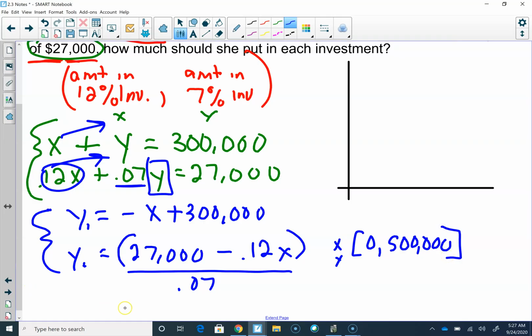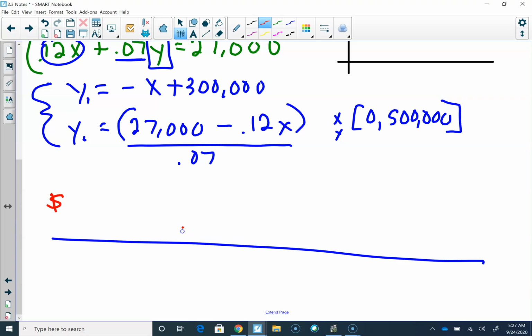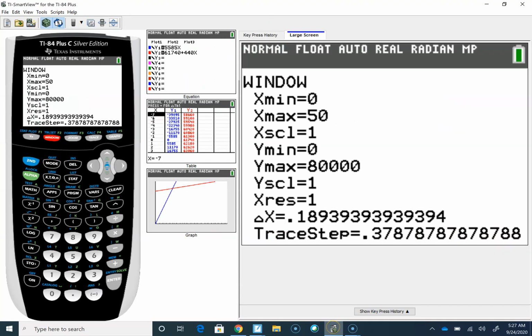And then my goal here is to find how much is going into my X and how much is going into my Y. So how much money am I putting into the 12% investment, and how much money am I putting into the 7% investment? So I'm going to go to my calculator next.